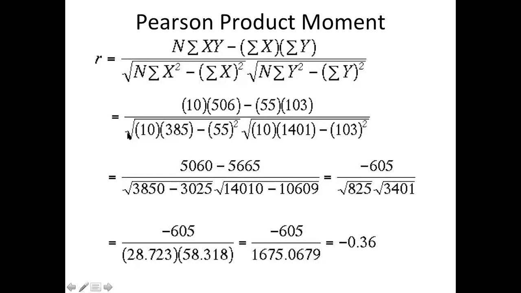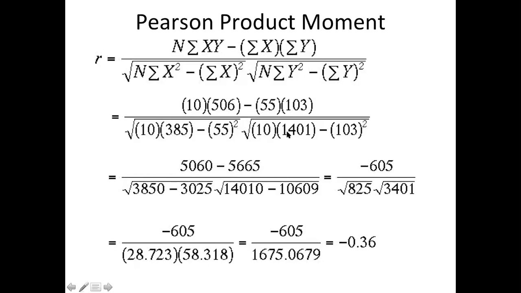Divide by the square root of N times the sum of x squared minus the sum of x, 55, squared. The sum of x squared is 385.